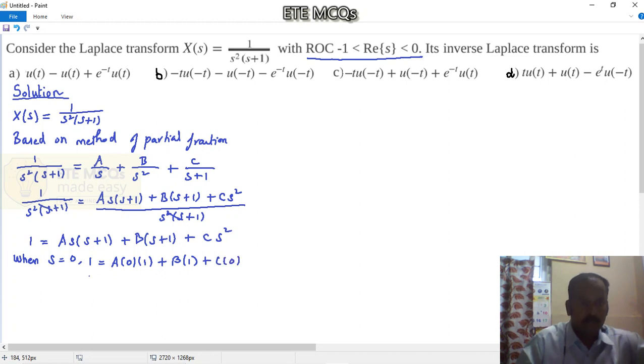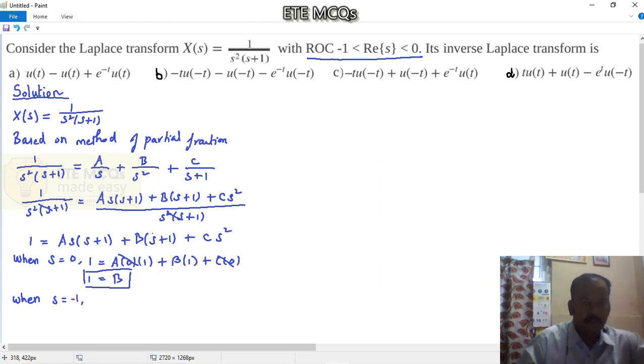A into 0 becomes 0, C into 0 becomes 0. So altogether we get 1 equal to B. So B is 1.